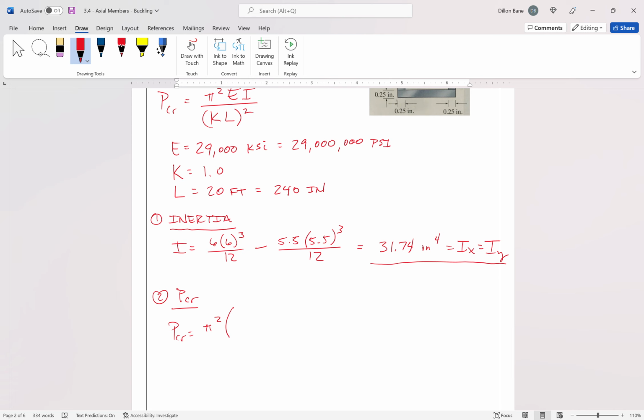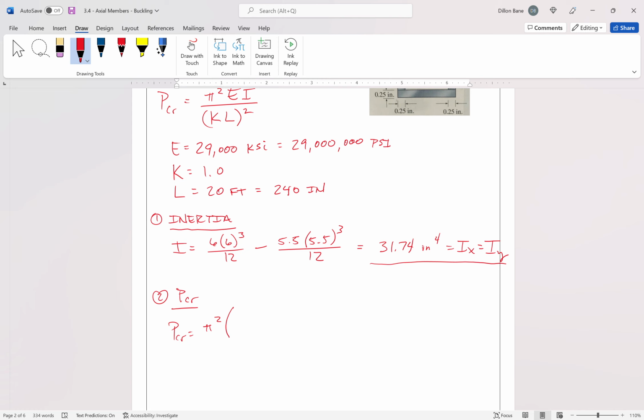What I like to do, just my personal preference, is to put everything in pounds and inches. If I've got something in force, I'm going to put that in as pounds. If I've got something as a length, I'm going to put it in as inches. If I've got something in stress units, where it's a force per area, I'm going to put it into my equation as psi.